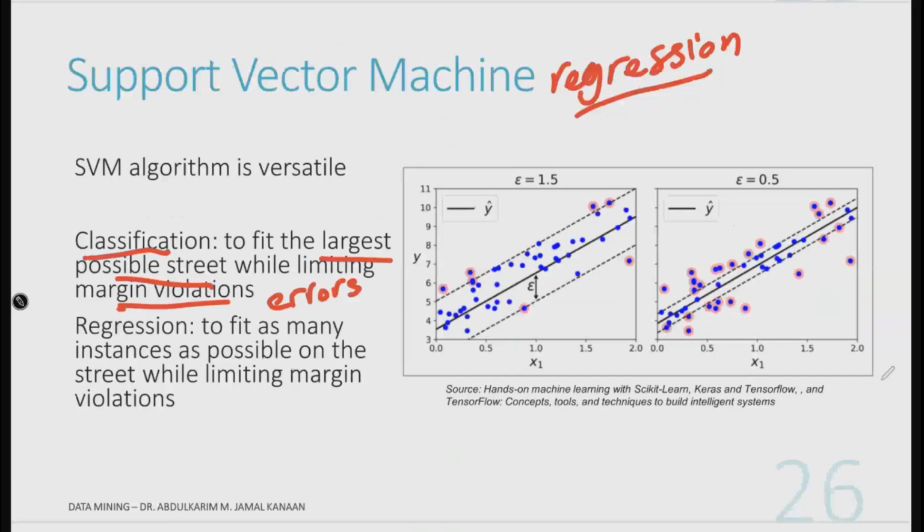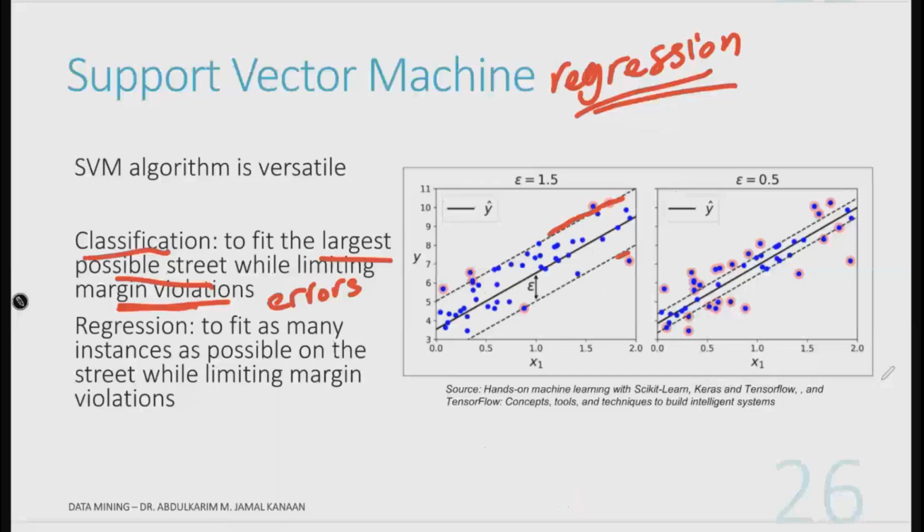Now regression is the opposite, because remember regression is not about finding a decision boundary but about fitting or representing the data points. So for support vector machine in the regression case, it is going to try to find the widest possible street that fits as many data points as possible. That means the data points should reside inside the street, because this street should represent the data points.